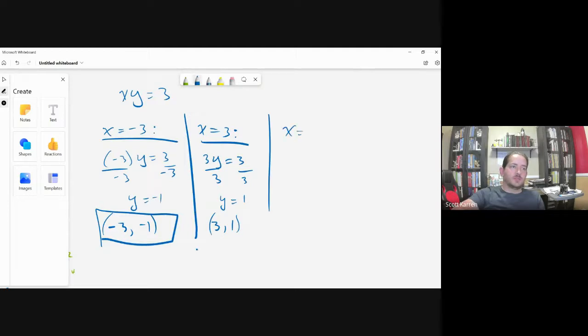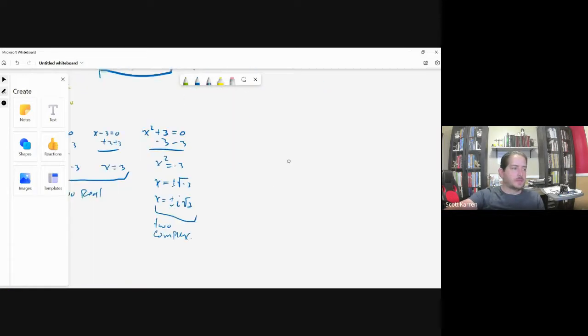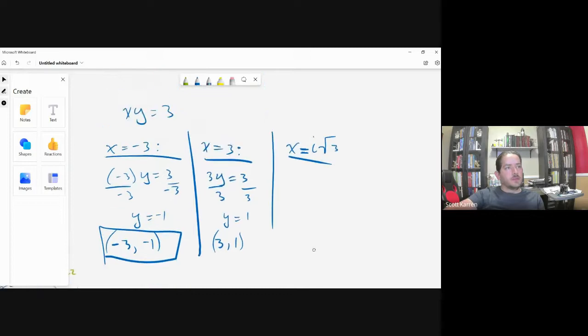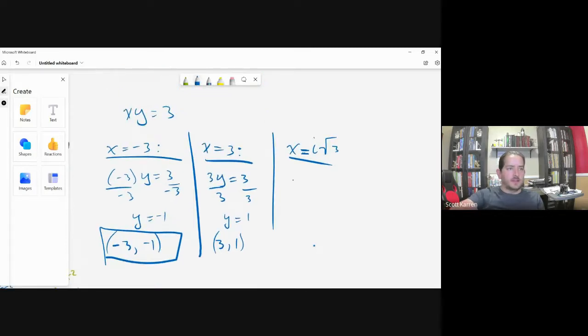X could be equal to i times the square root of 3, from this one. That's the positive one. And if I plug that in, then I get i√3 times y equals 3. And so I would divide each side by i√3.